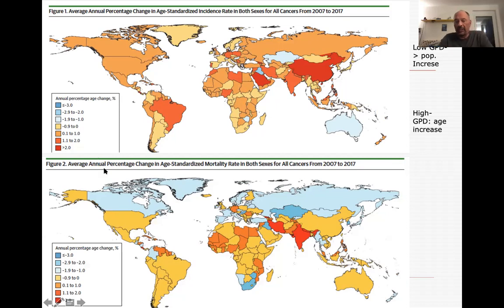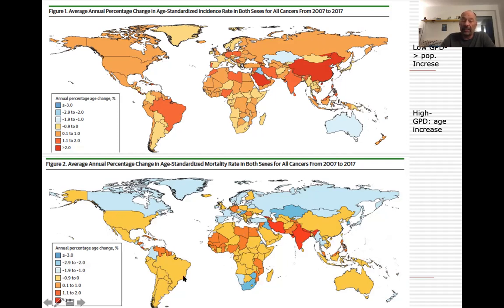So what do you notice here? First, that the situation seems to be much better for the mortality than for the incidence. In terms of mortality, there is a general trend to a decrease. You see many countries are blue, or even these yellow countries are doing well, between minus 0.9 and 0. So there is a slight decrease. Only a few countries are red, like India, Iran.